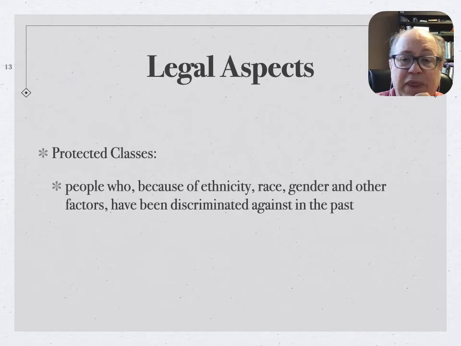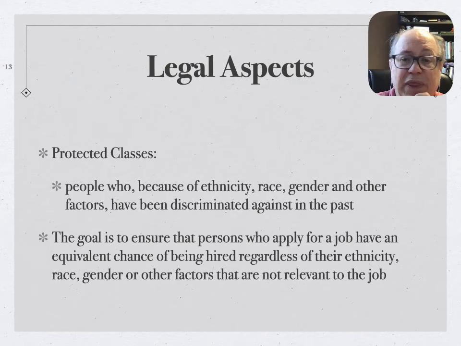And the goal is to ensure that persons who apply for a job have an equivalent chance of being hired regardless of their ethnicity, race, gender, or other factors, things that are not relevant to the job. There are occasionally things that are relevant to the job. We'll talk about that in a moment.